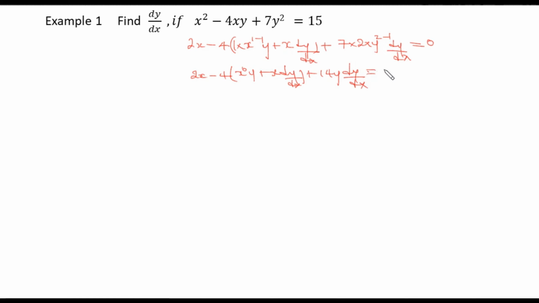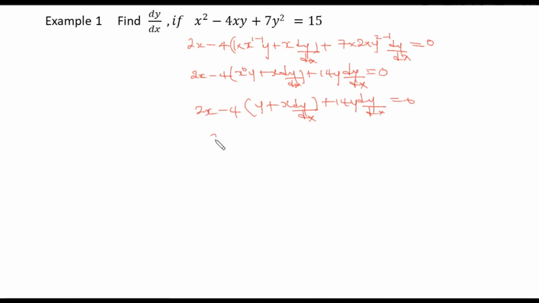So we arrange this: 2x minus 4, x raised to the power 0 is 1, times y is y, plus x dy dx, plus 14y dy dx equals 0.